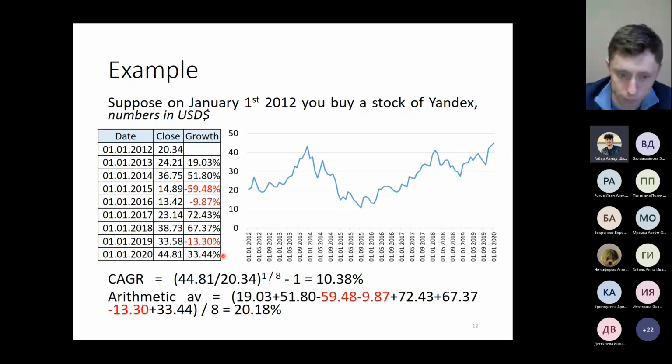Instead of all those different returns, we might replace them with this return every single period. And this is the compound annual growth rate. So compound annual growth rate assumes that we reinvest every period. Everything we earned, we reinvest back in the price and come up with some result.